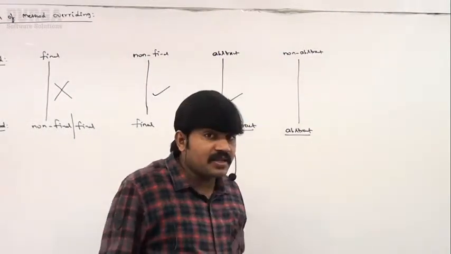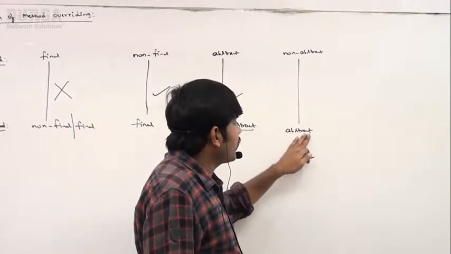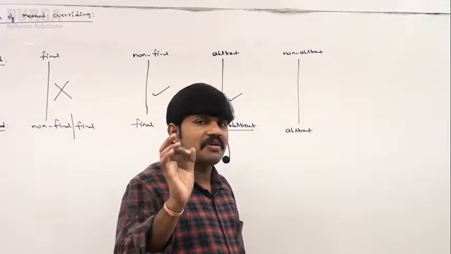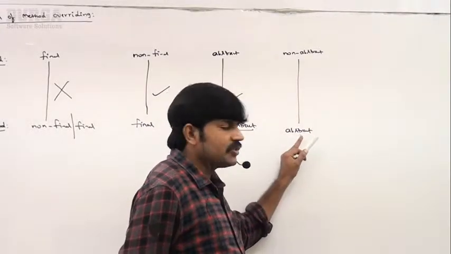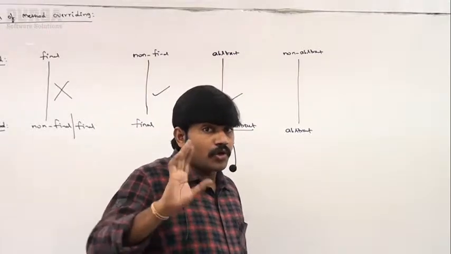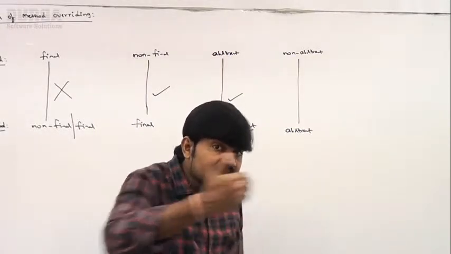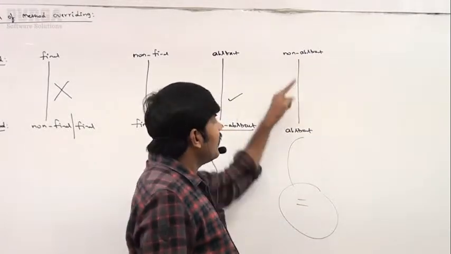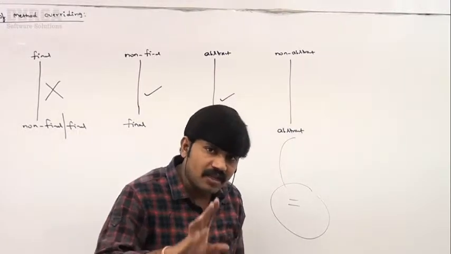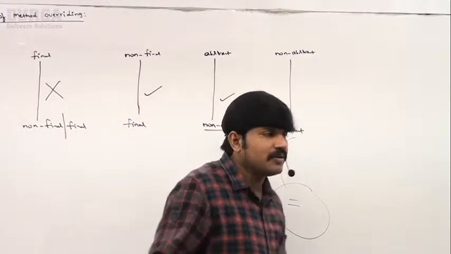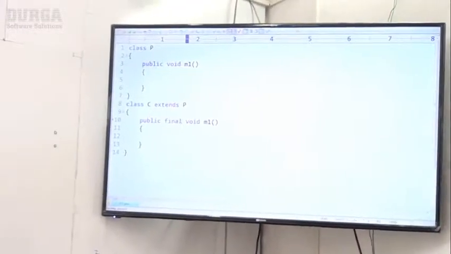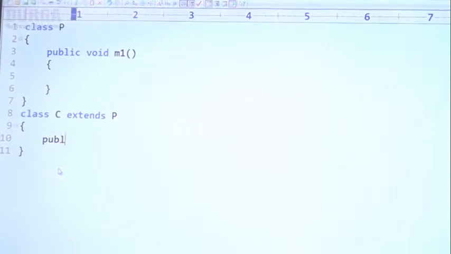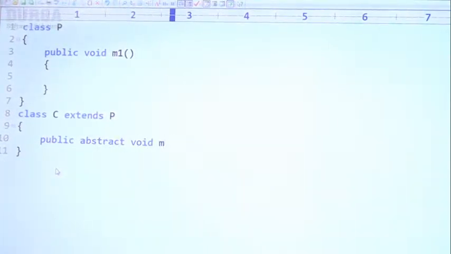But if the parent class method is non-abstract, and I want to take the method as abstract, so child class method as abstract, possible or not? 100% possible. If the child class feels that it doesn't want the parent method implementation, the next level child is responsible to provide a new implementation for this method. Then non-abstract to abstract is always possible. Now let me show this one. Observe carefully, the parent class method is not abstract. Now the child class method is public abstract void m1.